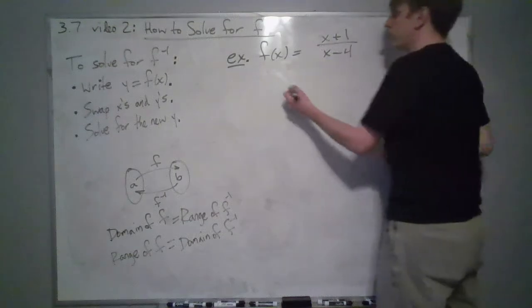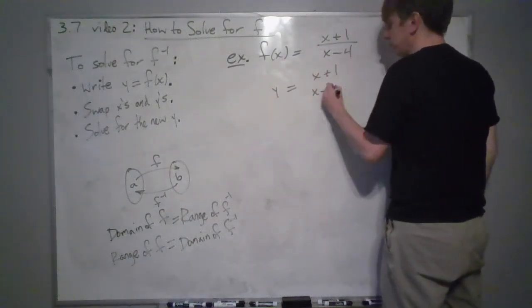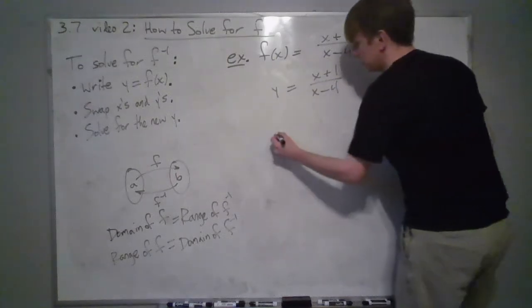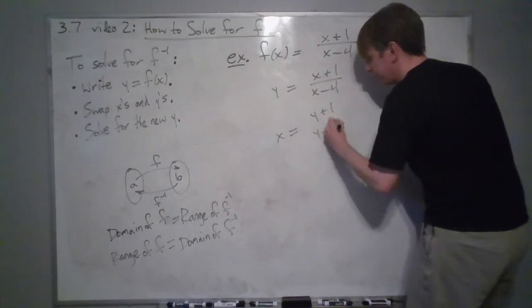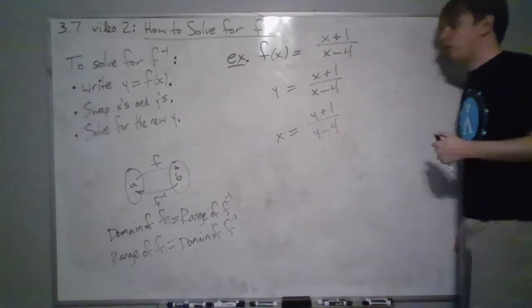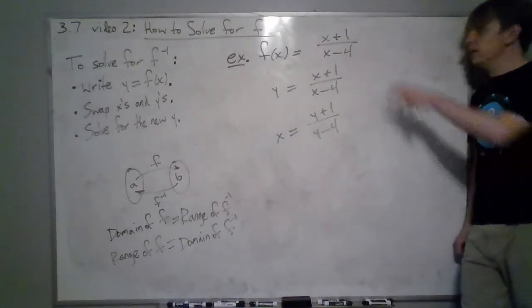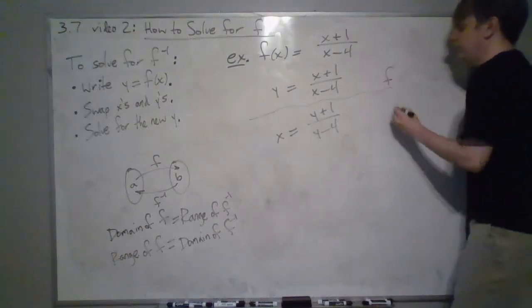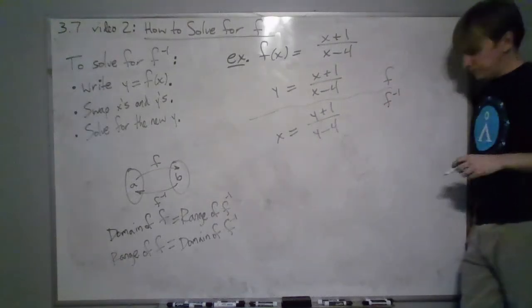So y equals formula. And then we're supposed to swap the x's and the y's. And then I'm supposed to solve for the new y, which is this one. And again, the top two equations represent the original function f. All the equations from now on are going to represent f inverse.